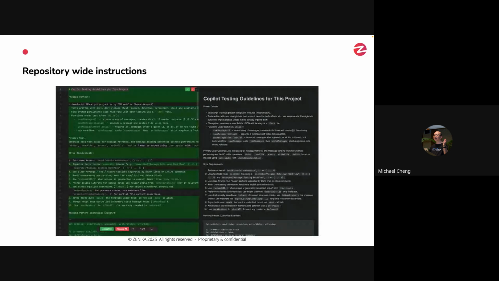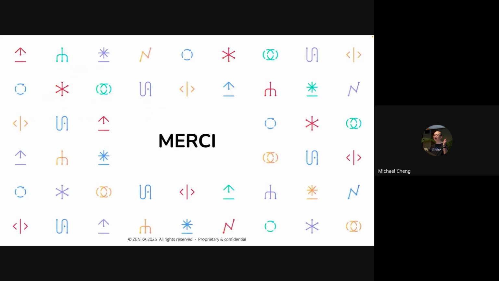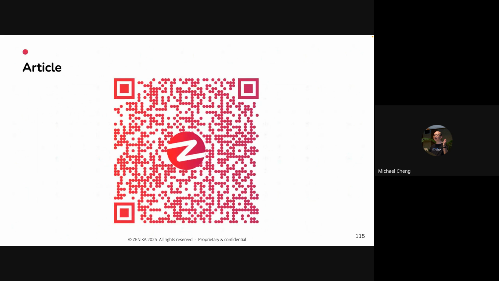Unfortunately, there is no time for me to go through all of that, but I've written an article that covers everything you need to know. It's a 30 minute article on how you can do reusable prompt files. In GitHub Copilot, you have reusable prompt files and you have repository level instructions as well.